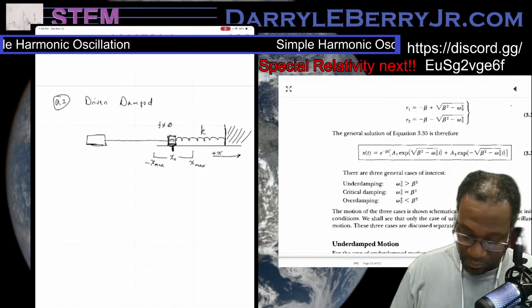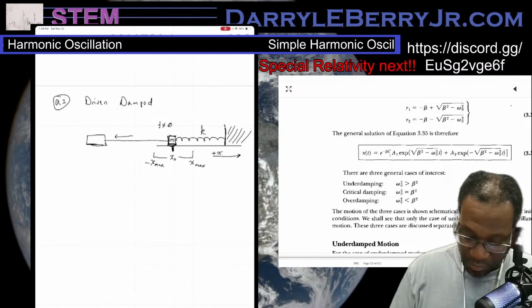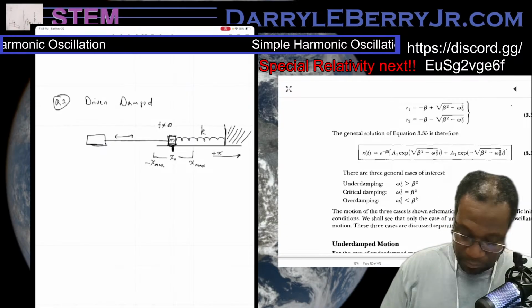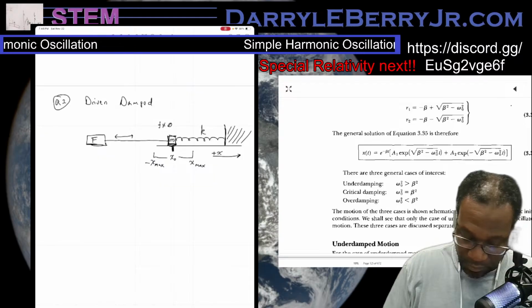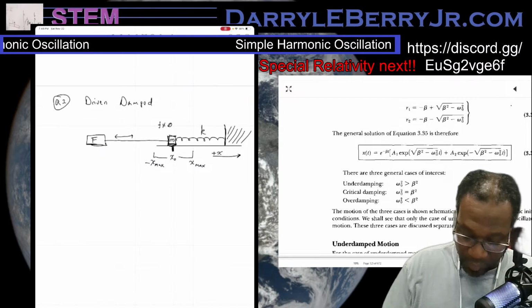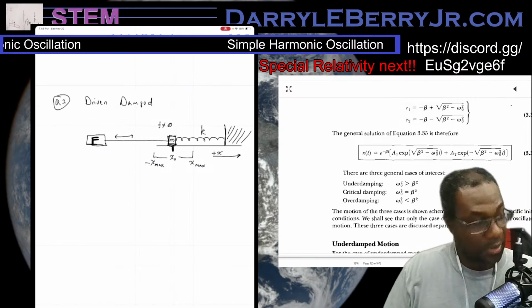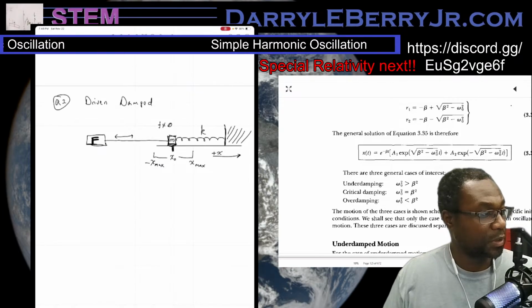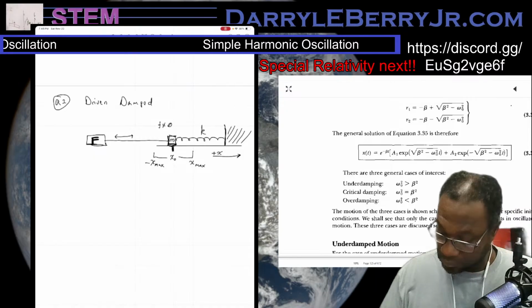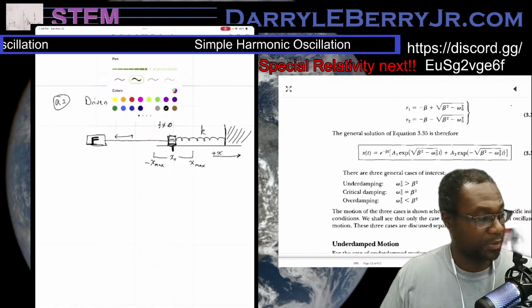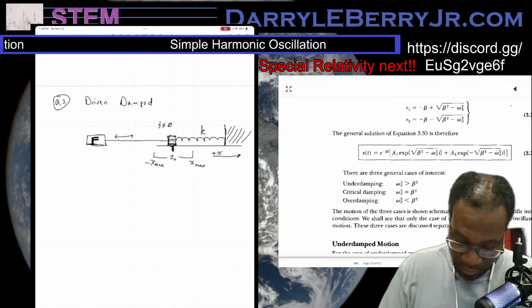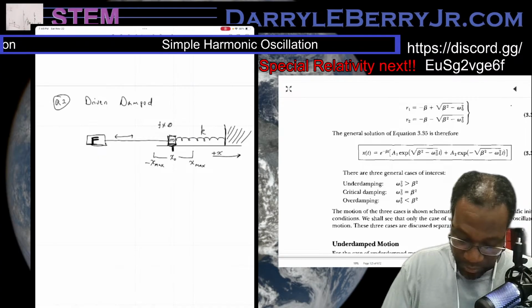connected to the mass, and we'll say that this machine is adding a force. I need to make my box a bit bigger.